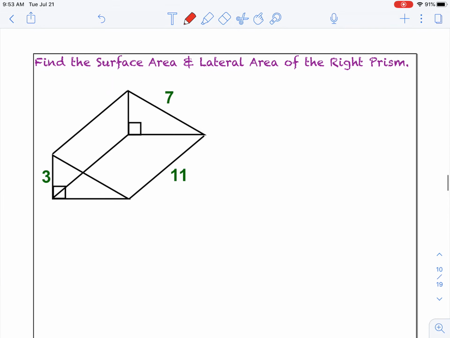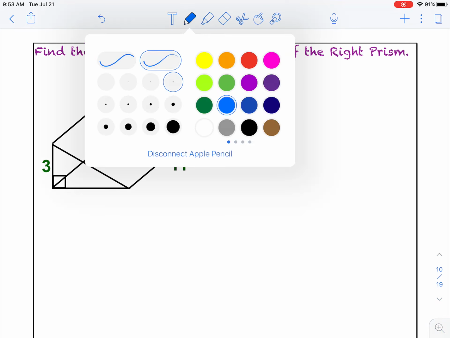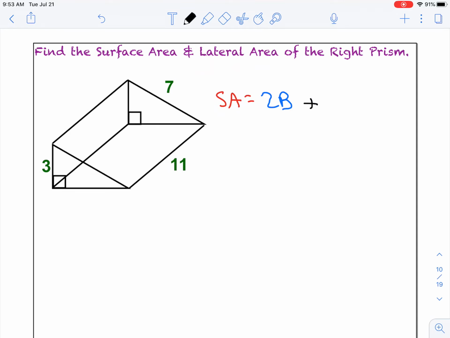So let's go ahead and try this one together. We have our surface area here, and our formula is the area of the base, that's capital B, times 2, plus the perimeter of the base times the height. Our base is a triangle.